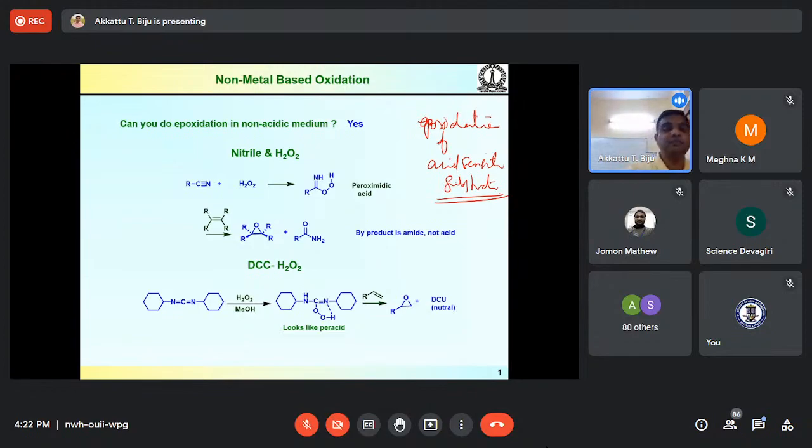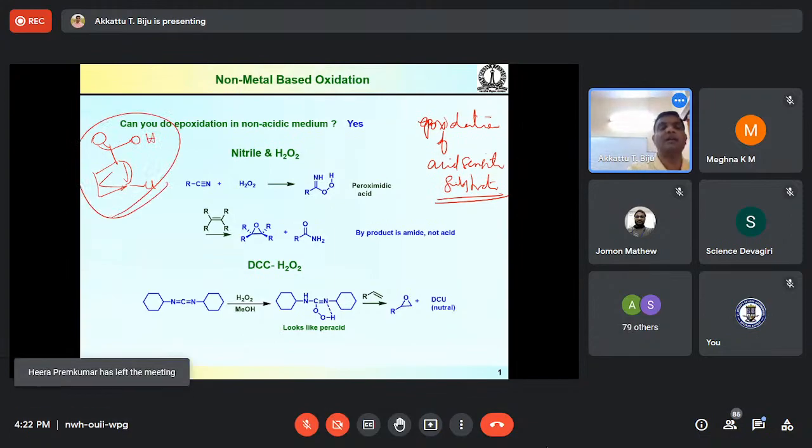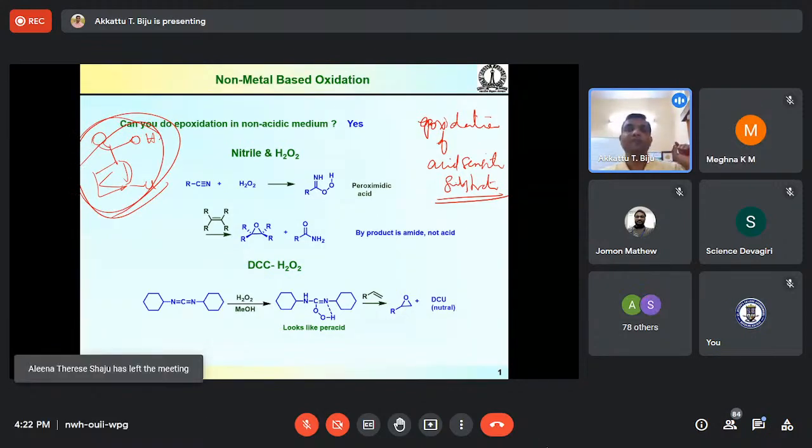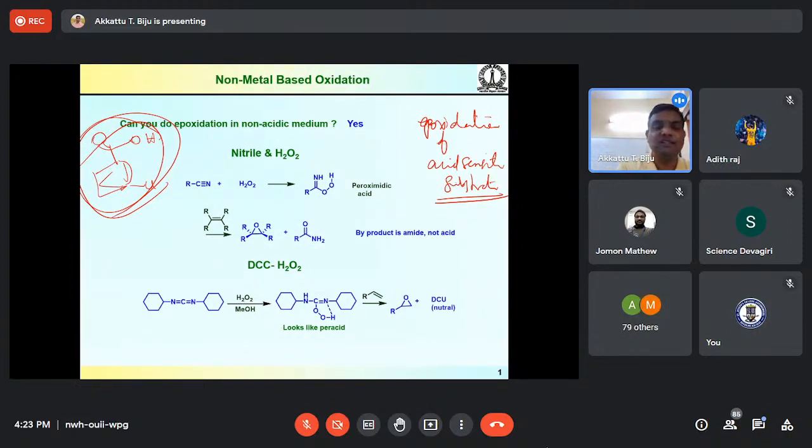If you use MCPBA, the side product will be 4-chlorobenzoic acid. The peracid is converted to the benzoic acid, and if this benzoic acid creates issues for acid sensitive functional groups in the molecule, the choice for epoxidation is, instead of the acid, to take a nitrile and add hydrogen peroxide. You get peroximidic acid.